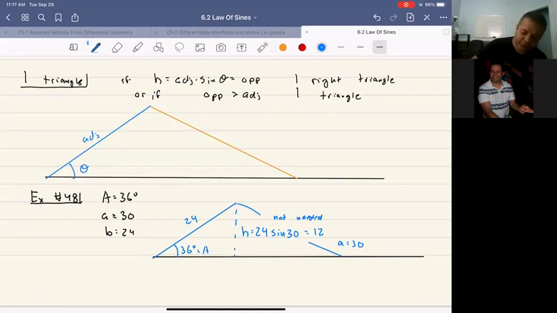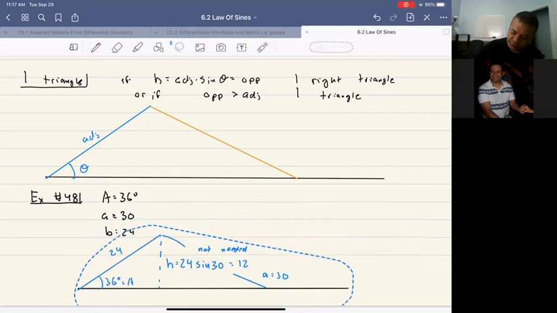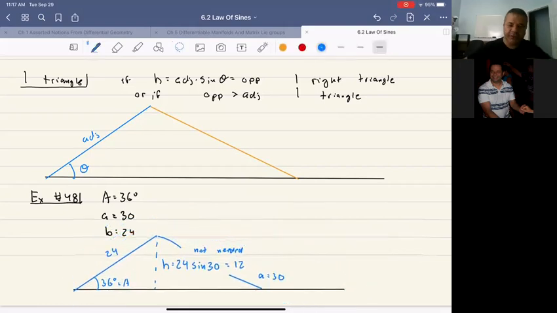And again, I can solve for this quite easily. I can say sine of B over b equals sine of A over a.